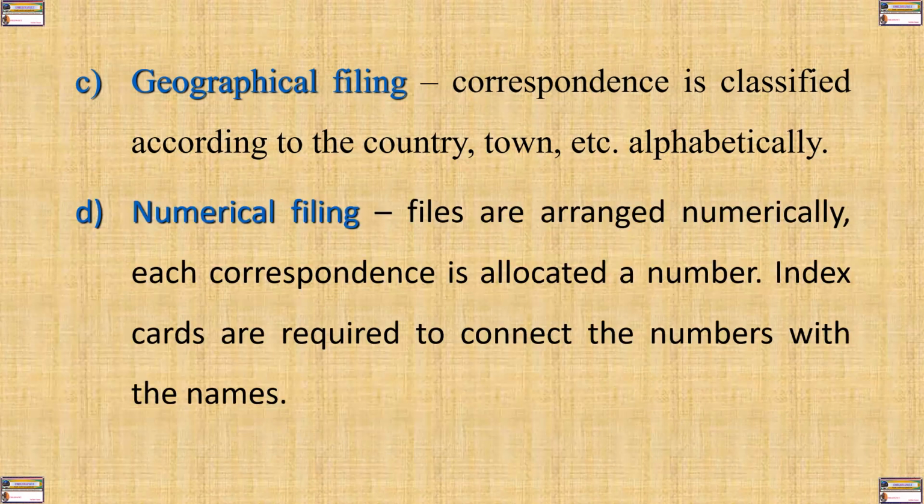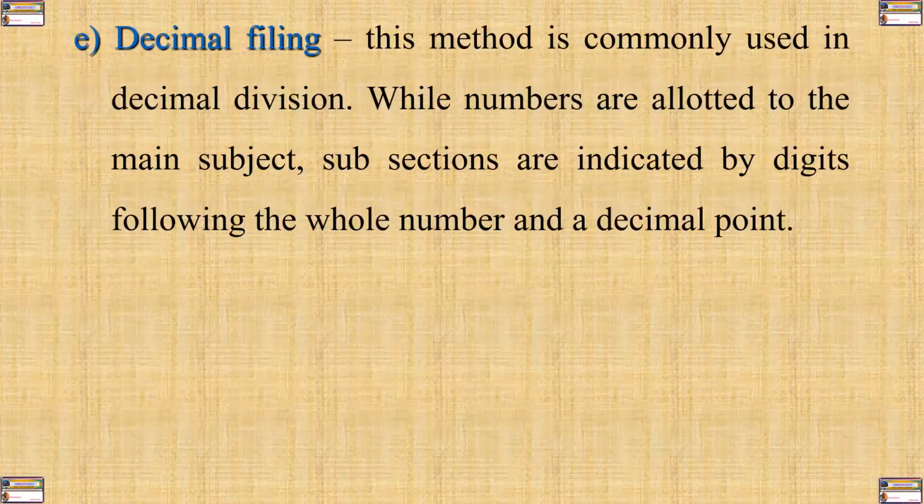The fourth one is numerical filing. In numerical filing, files are arranged numerically. Each correspondence is allocated a number. Index scans are required in order to connect the numbers with the names. The fifth one is called decimal filing.